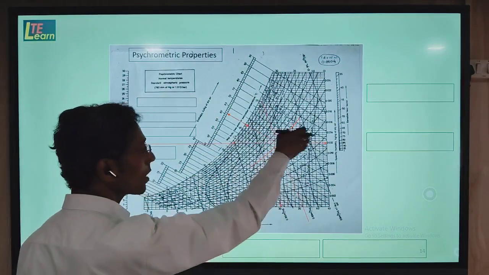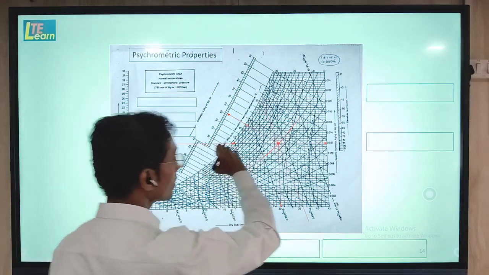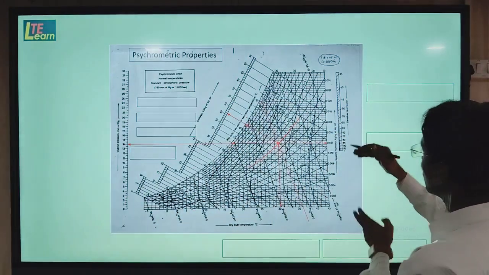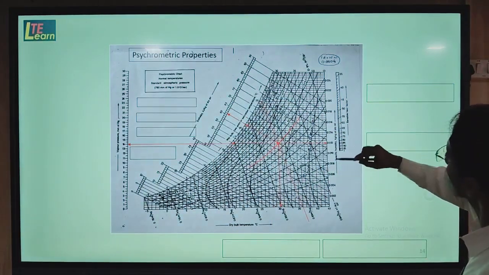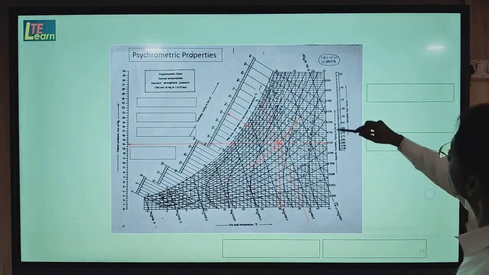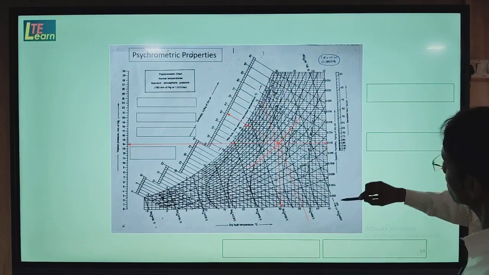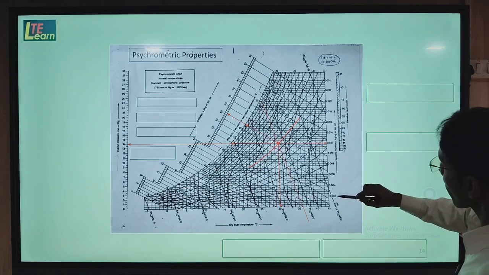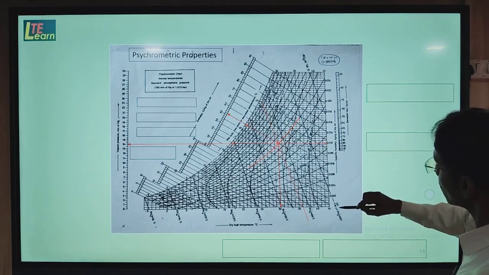Then all the horizontal lines are of specific humidity. The specific humidity scale we will find here in a vertical manner. It is ranging from 0 to 0.002.